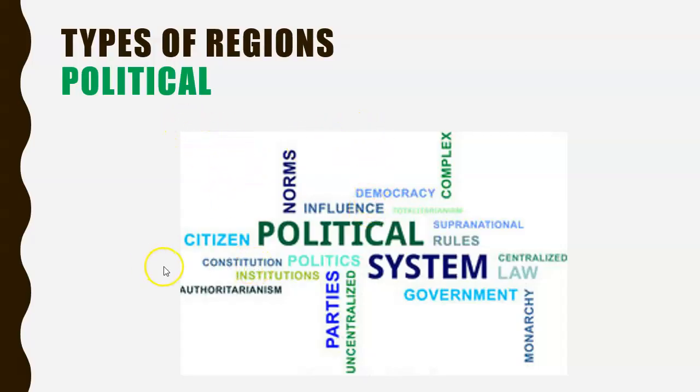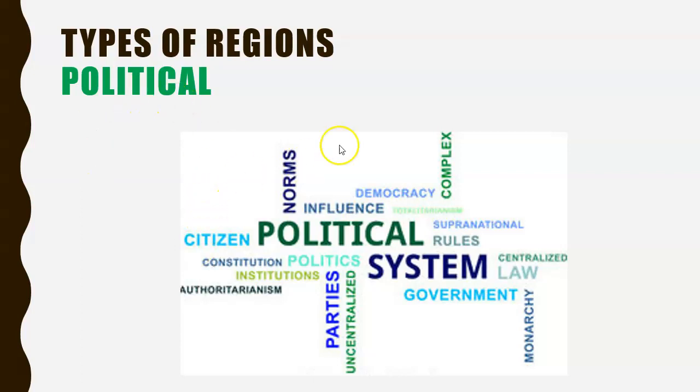Political regions, there can be a couple of different things that we look at. I talked about before when we were looking at the United States and Canada there on that map. You had part of it being a physical region, that physical barrier, and then the majority of it being a political boundary. So those political lines divide places up.